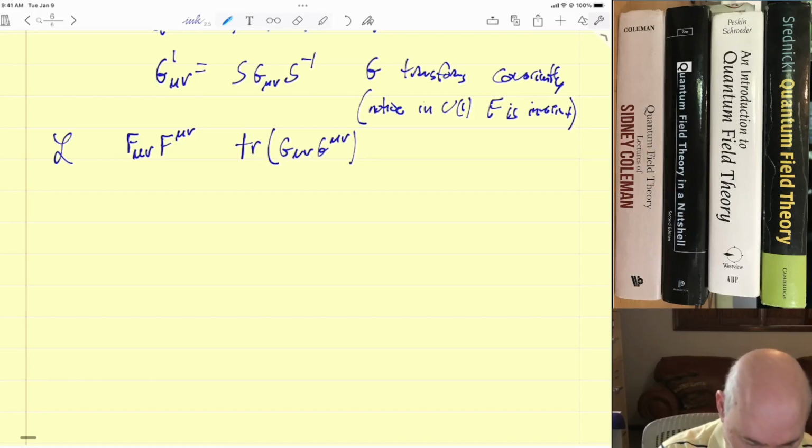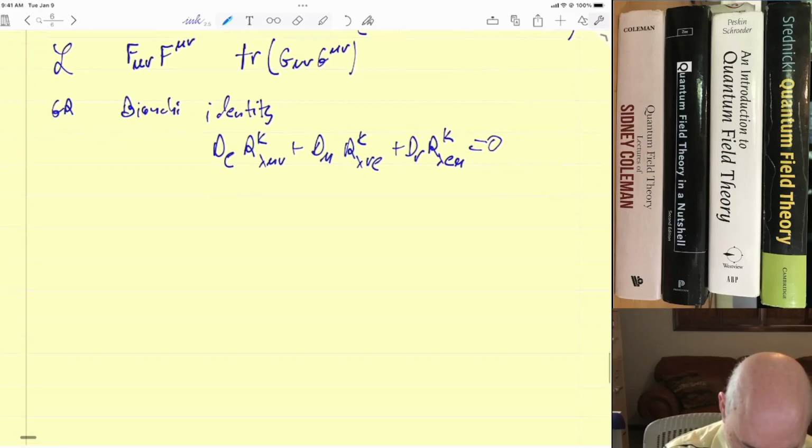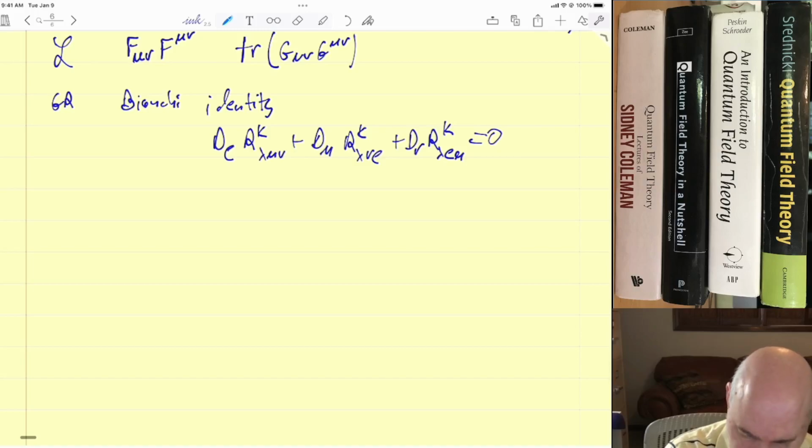In general relativity, I'm finishing up here, we have the Bianchi identity. I'll just write it down. For gauge theory, it's the same.